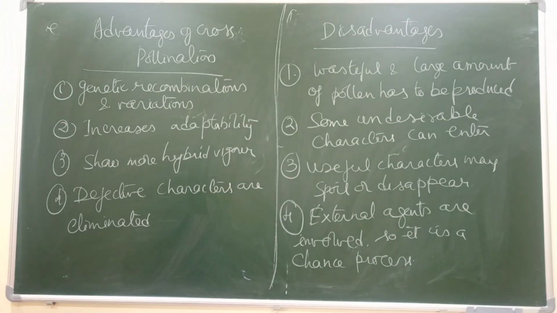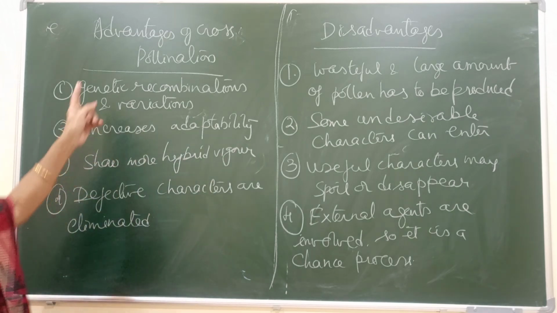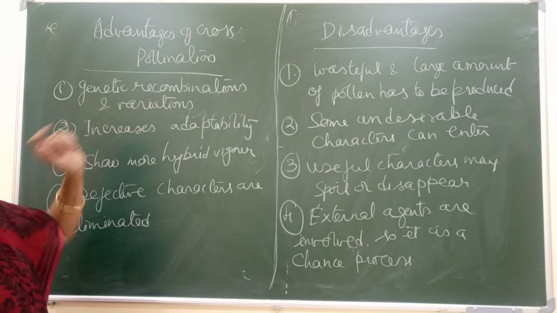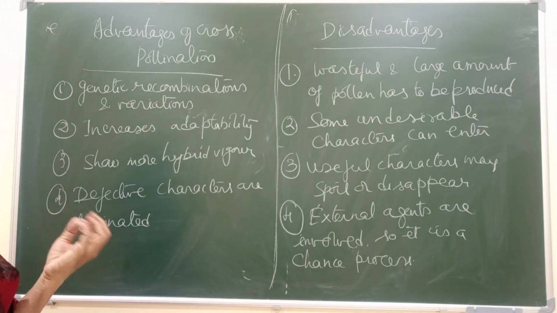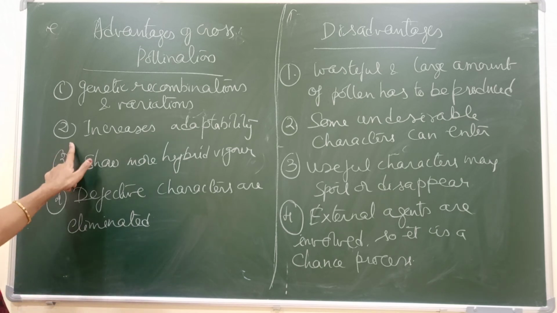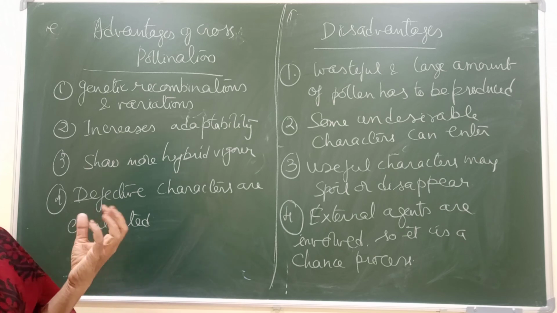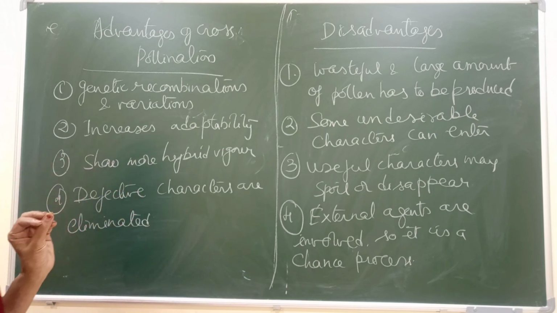Okay, now let us come back to the advantages and disadvantages of cross pollination. First, the advantages. Genetic recombination and variations can be created. Second, it increases adaptability to surroundings, including extreme conditions. The third one is more hybrid vigor.